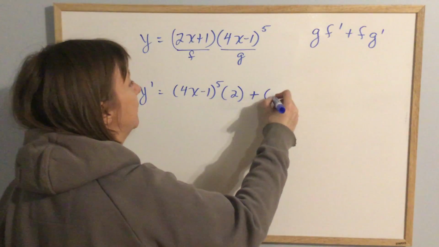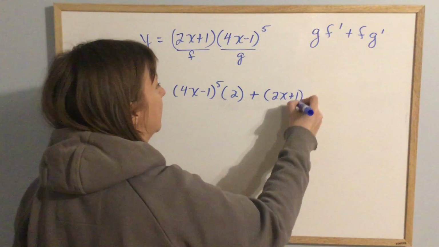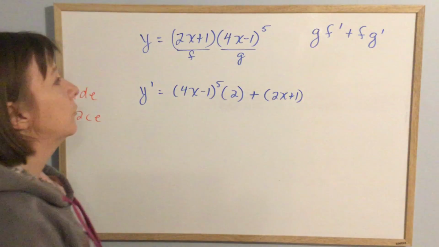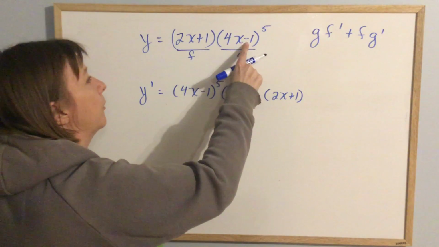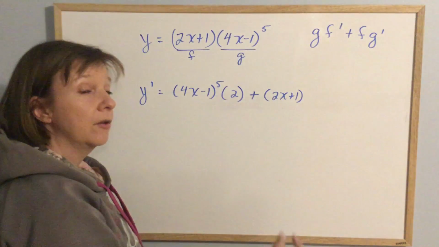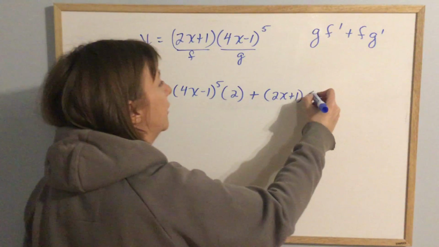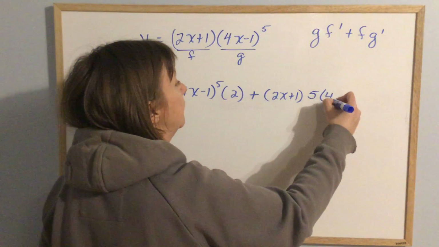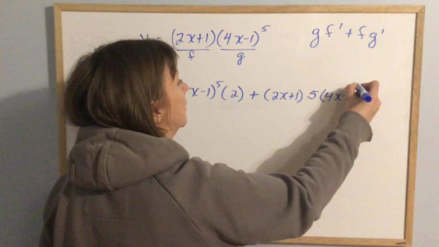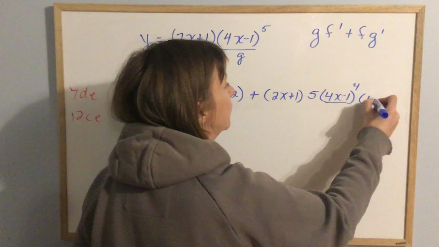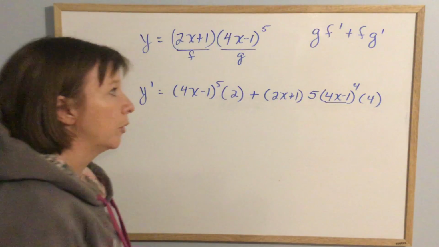Plus, this time leave f alone, 2x plus 1, but I have to do the derivative of g. To do the derivative of g, because it's 4x minus 1 all to the 5th, I have to do the chain rule with that. So first I bring the 5 down in front, leave the inside alone, decrease the exponent by 1, then do the derivative of the inside, which would be 4.